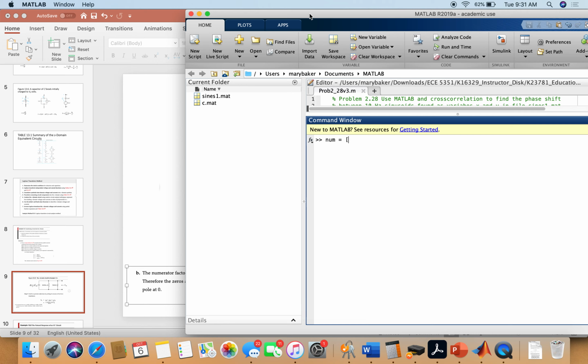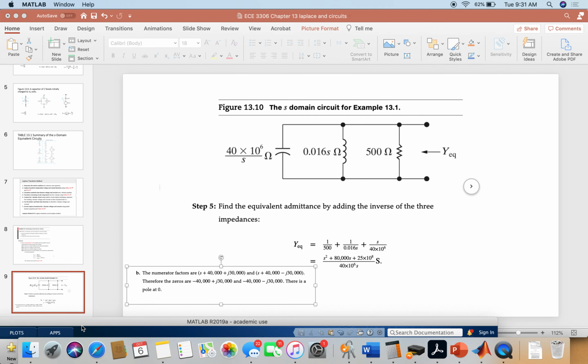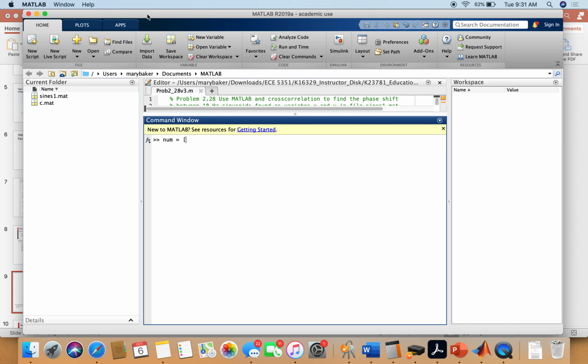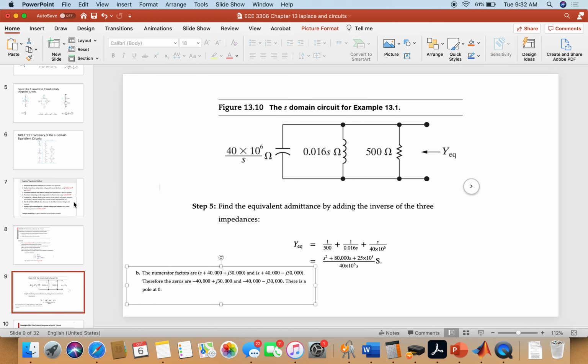So the numerator is s squared plus 80,000 s plus 25 times 10 to the 8th. So in order to enter a polynomial into MATLAB, now MATLAB was actually originally designed for control theory applications and matrix manipulation. If I enter 80,000, is that the right number?